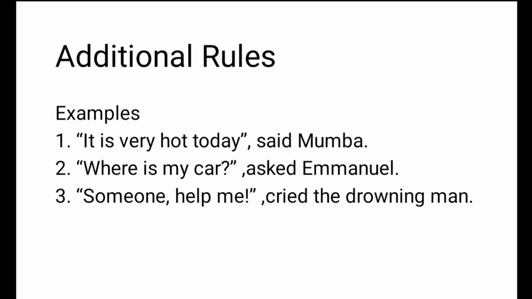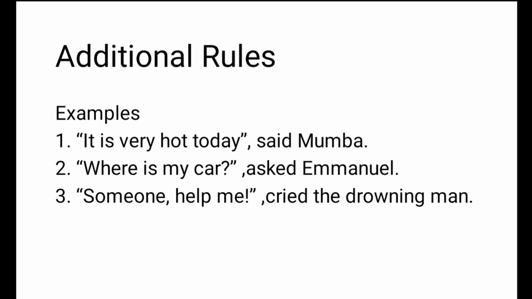So I'm sure we have noticed the differences that are there. In the first rule, the speech tag came before the direct speech, and we said we put a comma after the speech tag, right? Then we open with inverted commas before the first words of the direct speech. Then we begin the direct speech with a capital letter, right? Then we close with inverted commas after the final punctuation mark.